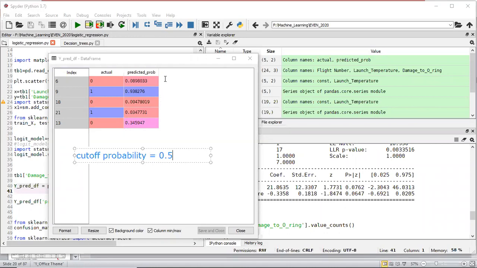So what will I get for the first input here? I have 0.08. 0.08 is less than 0.5, so I will get the output as 0. Similarly, 0.93 is greater than 0.5, so I'll get the output as 1.